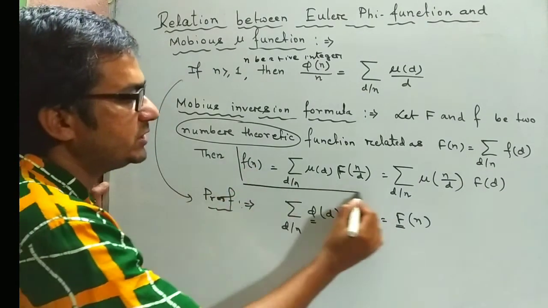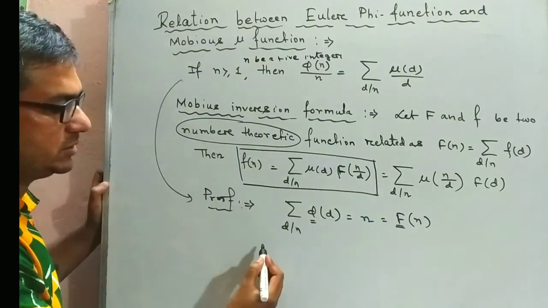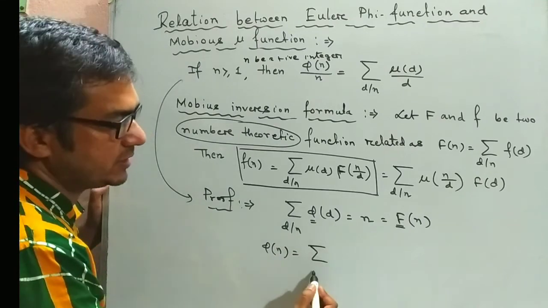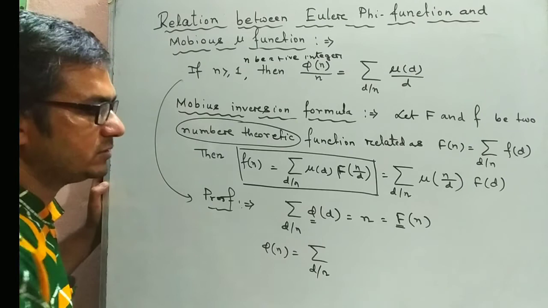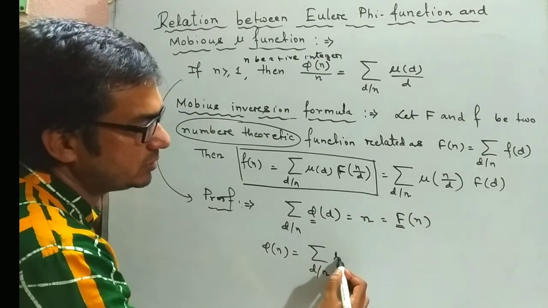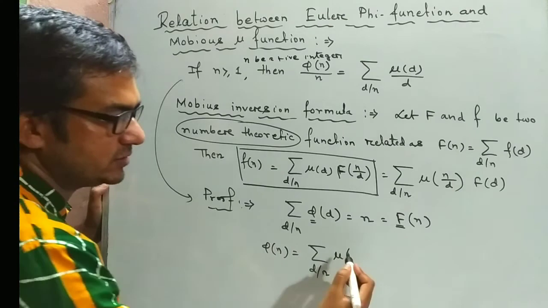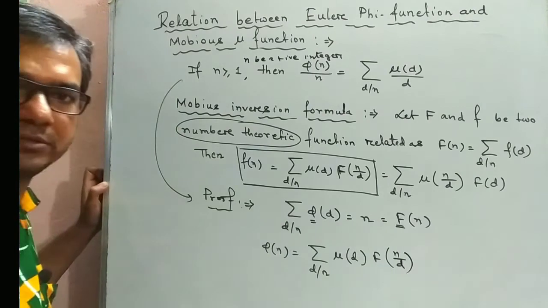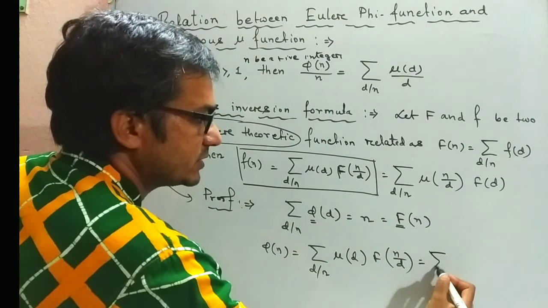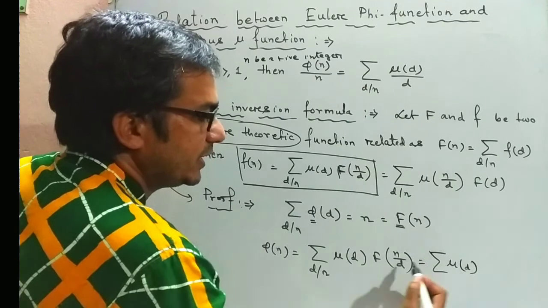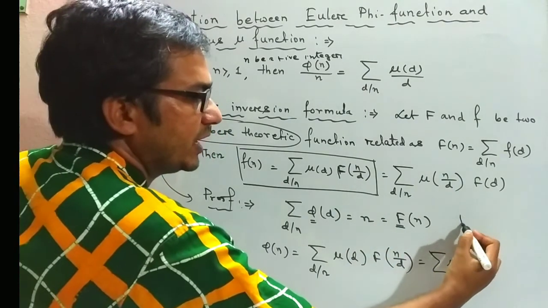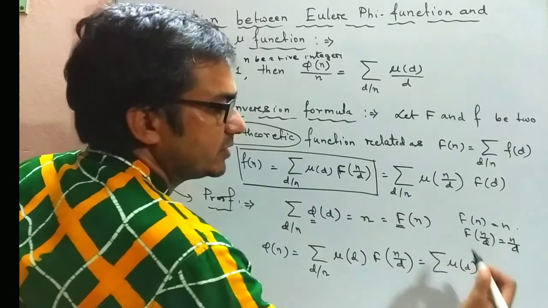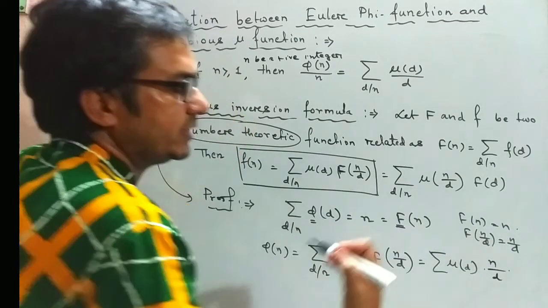Then by using this formula we get phi of n is equal to the summation over d of mu of d into capital F of n by d, and since capital F of n equals n, capital F of n by d equals n by d.